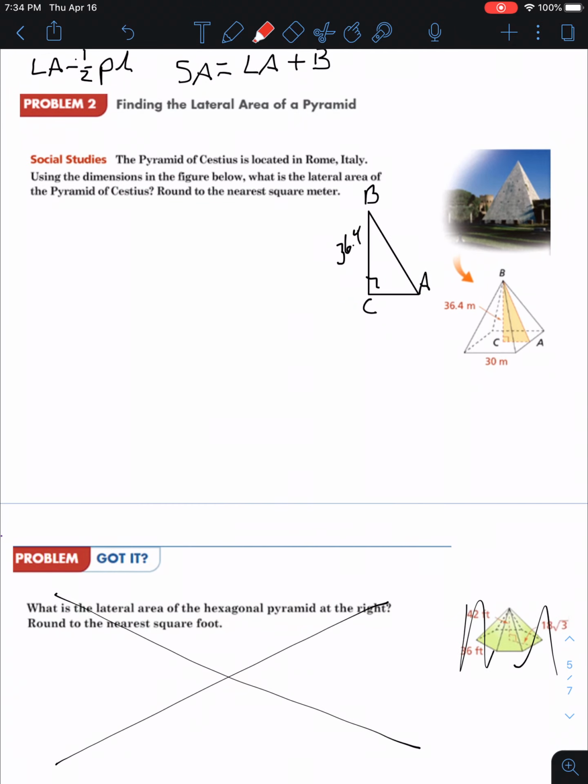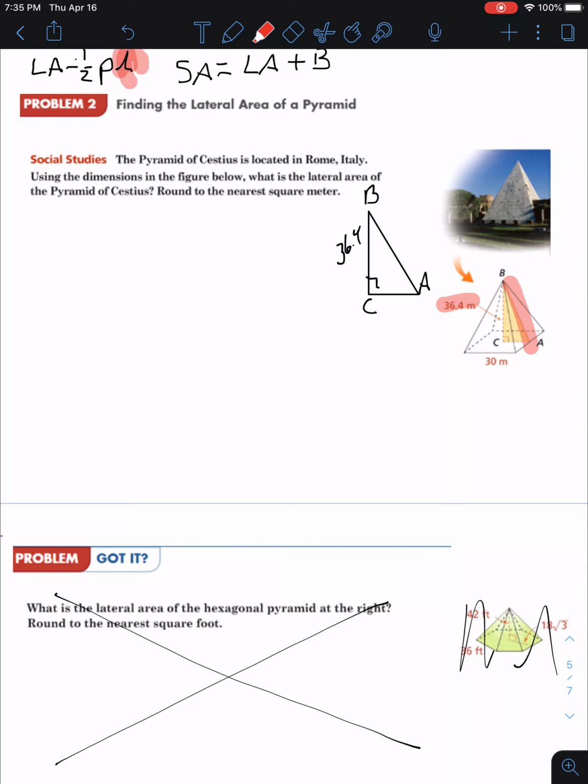Okay, the next one we're going to take a look at is a pyramid that was actually in Rome, Italy. They've got the picture of the pyramid over here. The height of the pyramid is 36.4. We want to know the slant height, because the slant height is in the formula for the lateral area.